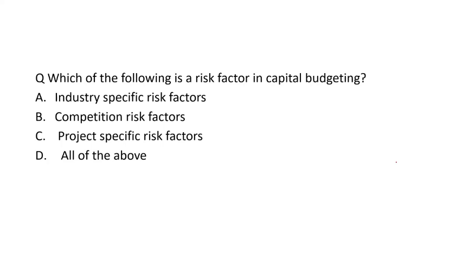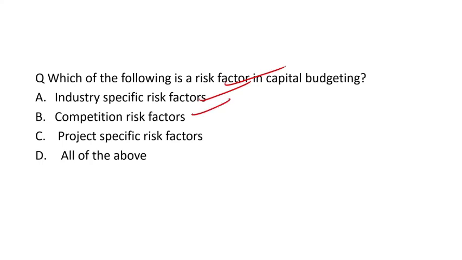Which of the following is a risk factor in capital budgeting? Industry specific risk factor, competition risk factor, project specific risk factor, and all of the above. Capital budgeting is a long term investment decision associated with large projects, so industry risk factors can be there.